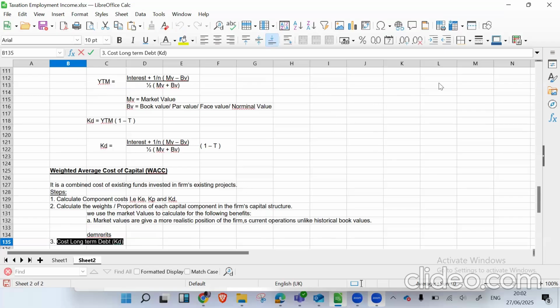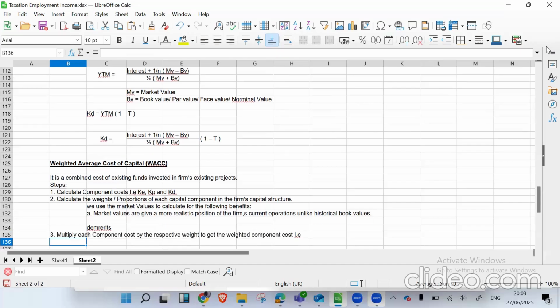Now step number 3, multiply each component cost by the respective weight to get the weighted component costs, i.e., so you shall take the weight of equity, you multiply by cost of equity.